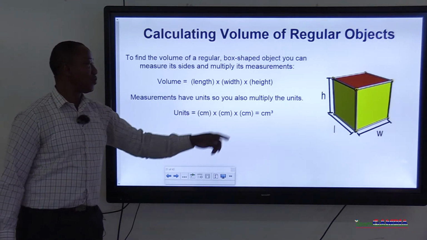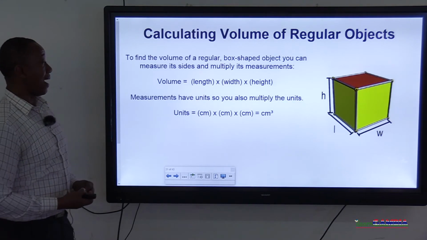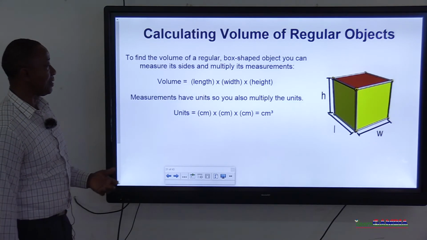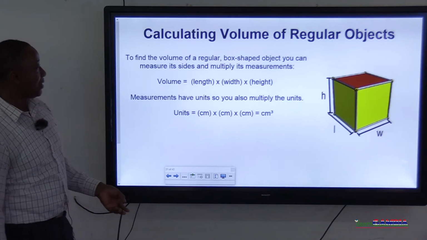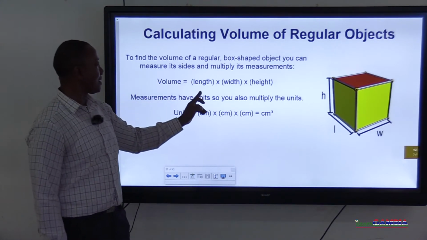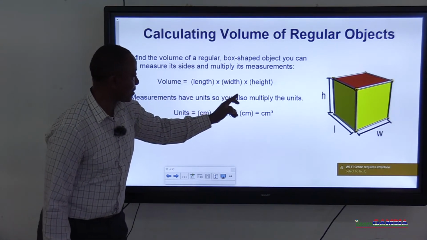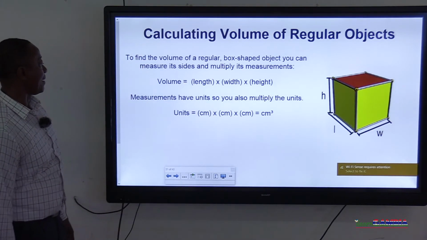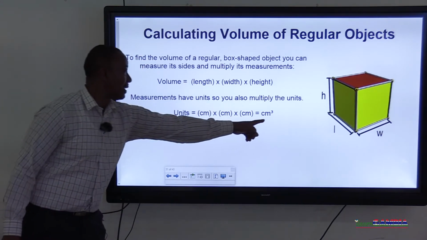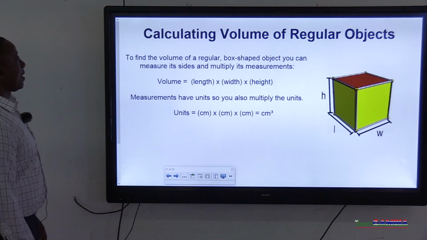Measurements have units, so you also multiply the units. Let's say if you were using centimeters, you're going to have centimeter multiplied by centimeter multiplied by centimeter. And that will give you centimeter cube.